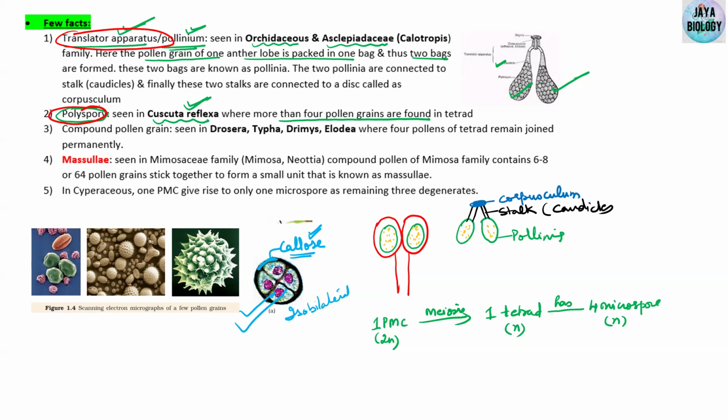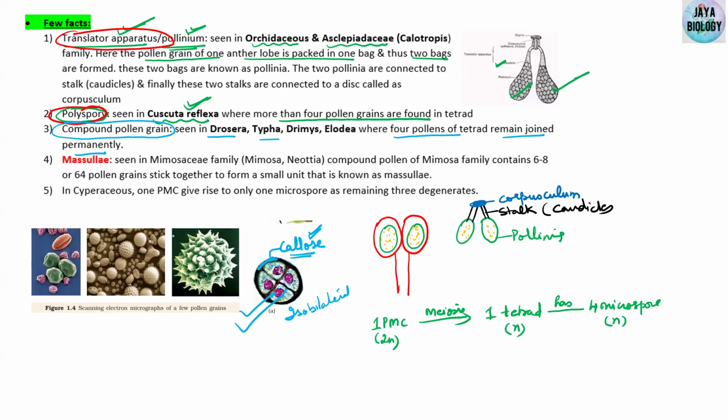But sometimes we are finding more than 4, we say polyspory. Or sometimes, in case of Dioscorea, Typha, the 4 pollen grains of a tetrad remain together permanently. They will not separate. We say this is compound pollen grain, meaning the work of tapetum will start without releasing them.